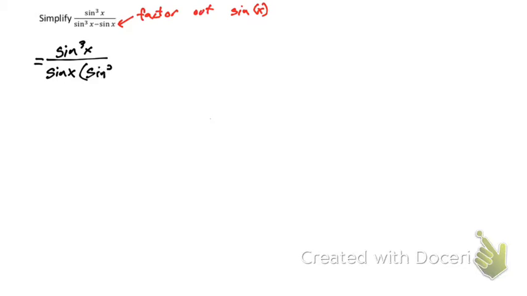We're going to look at the denominator, which has sine cubed minus sine x, and factor out a sine of x, which gives us sine cubed x on top, all over sine of x times sine squared x minus 1.